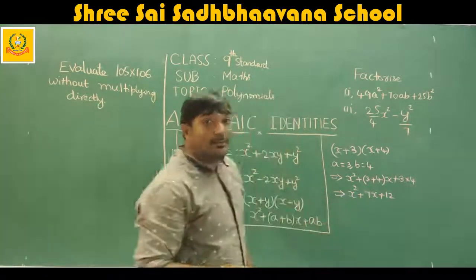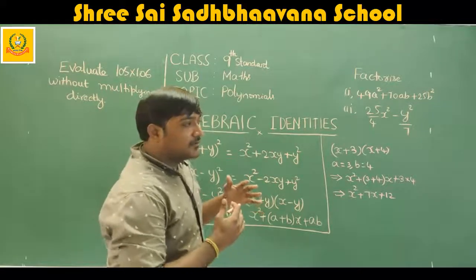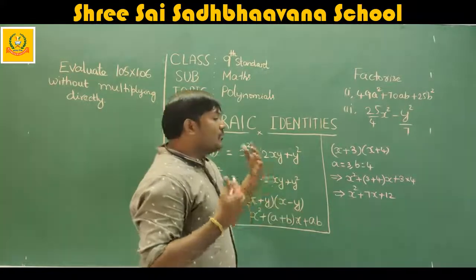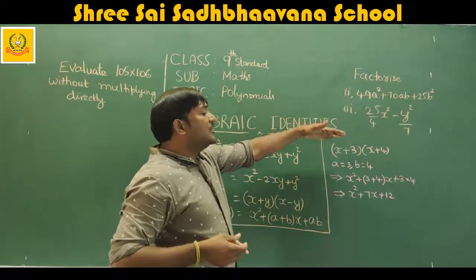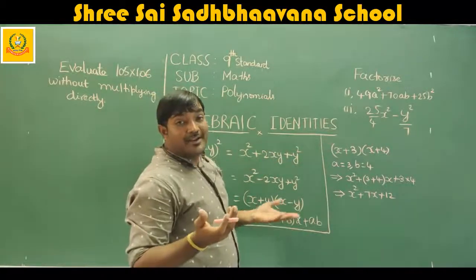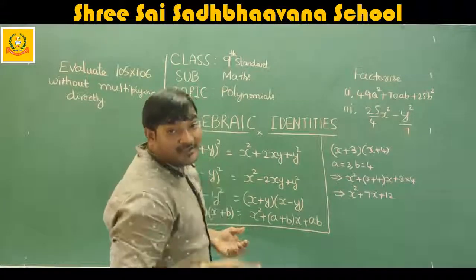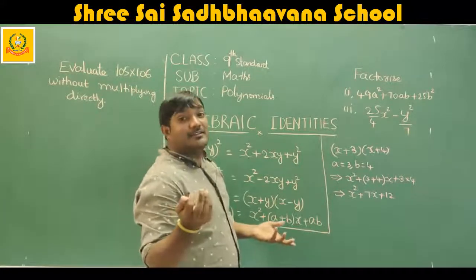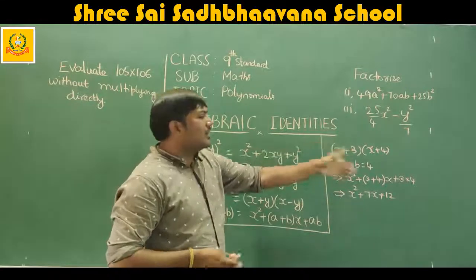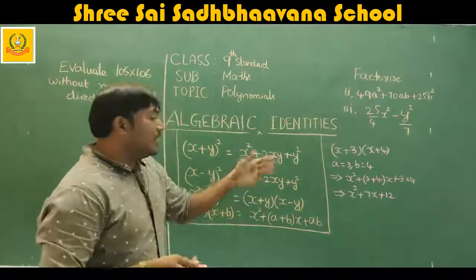Instead of doing that multiplication, to reduce the complexity, we are just using this formula. Using the formula, it might take 2 minutes or maximum 5 minutes. Take it as 3 minutes, so you can get it in 1 minute. So this is how algebraic identities will help you.